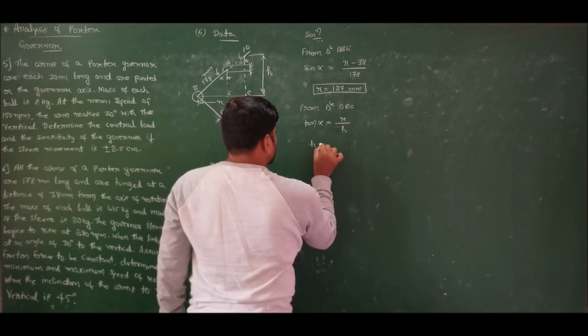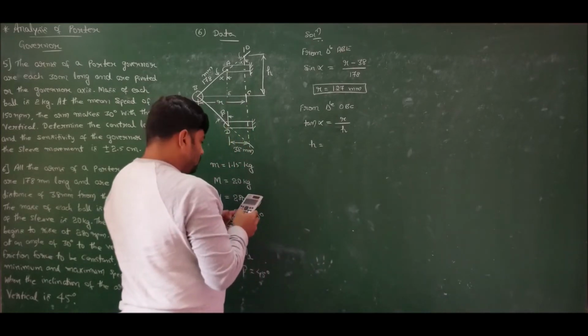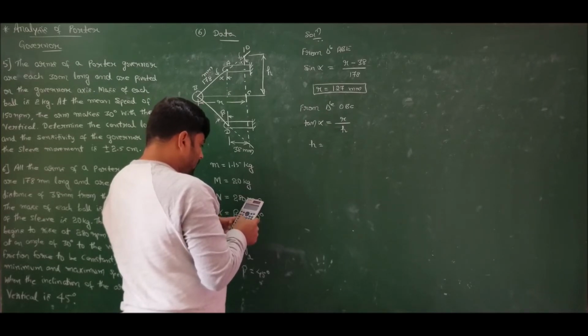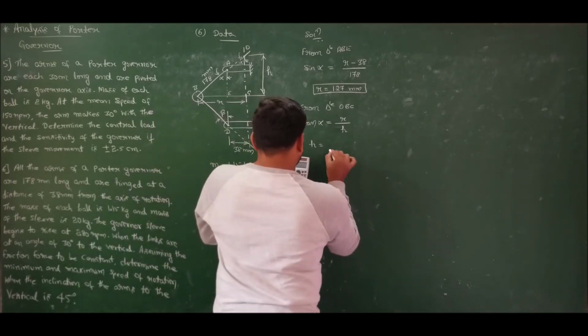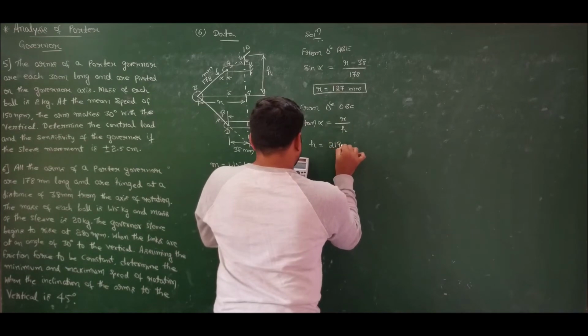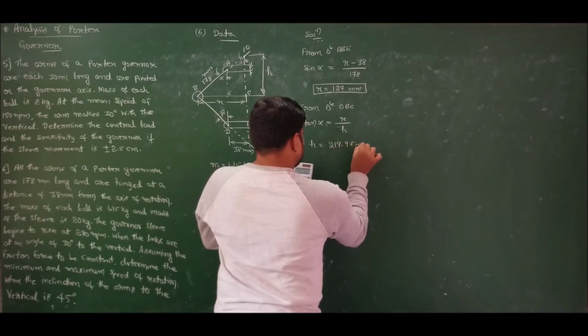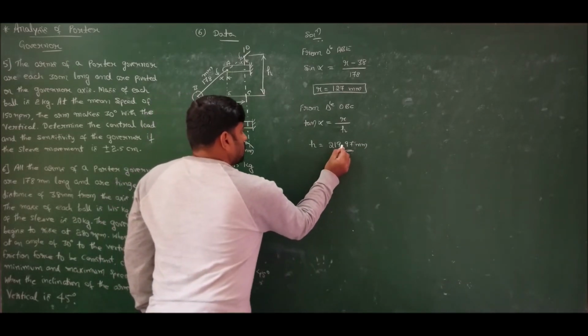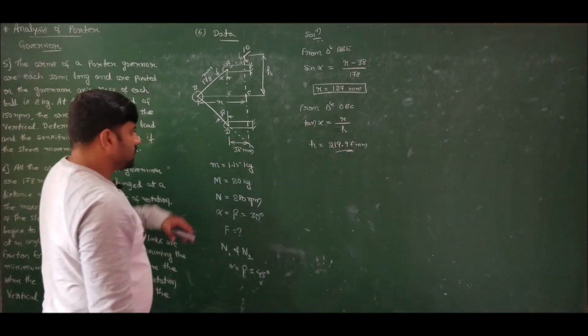Hence H will become, R is 127 divided by tan of 30 degrees. So H is 219.97 millimeters. We got the value of H. Now I can find the value of friction force.